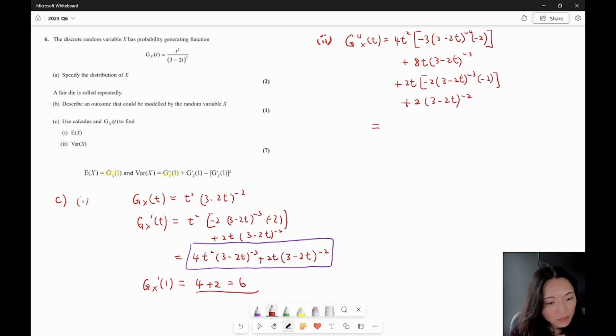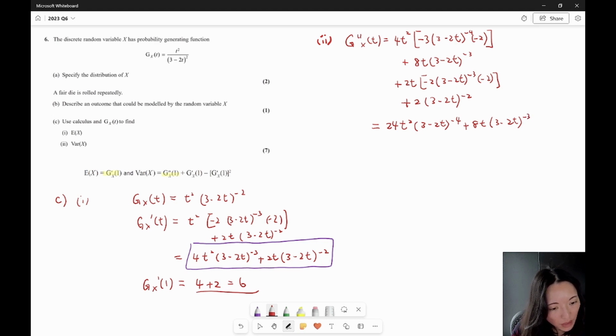So that equals 4 times -3 times -2. That gives me 24t squared, 3 minus 2t to the -4. And actually, I can collect some like terms there. And then the next expression is simply 8t times 3 minus 2t to the -3.